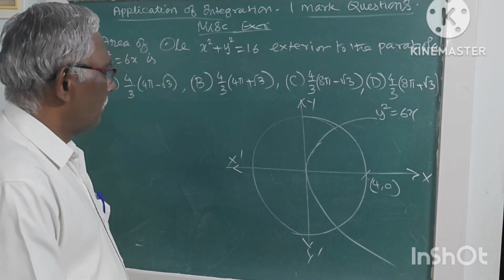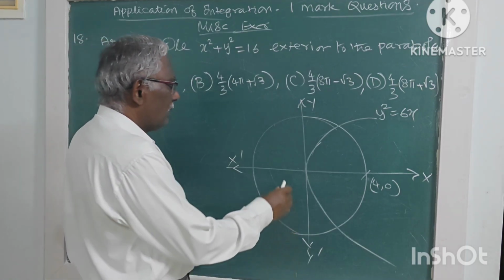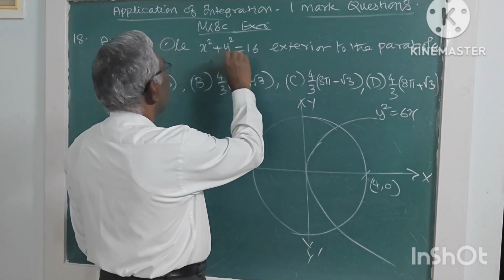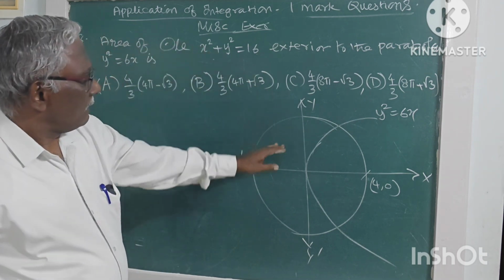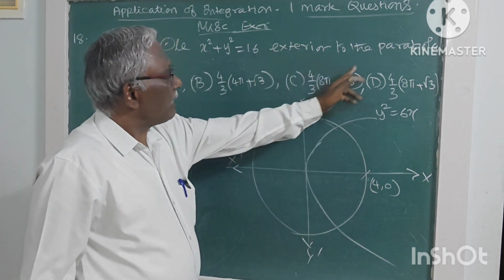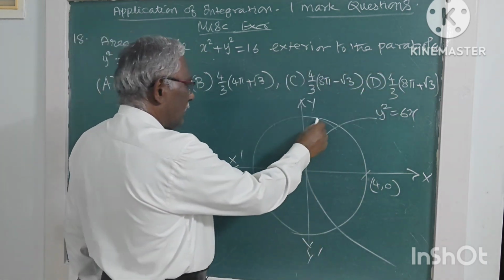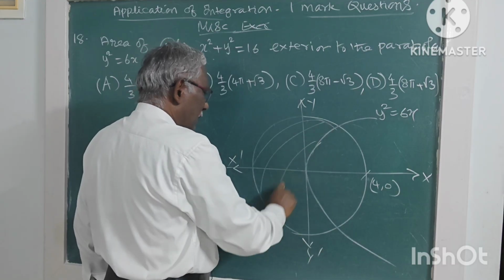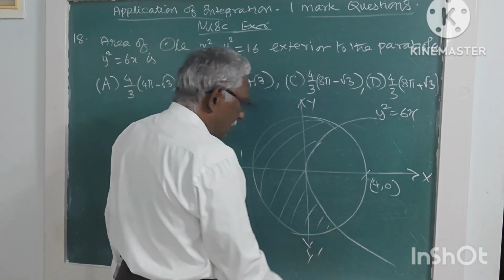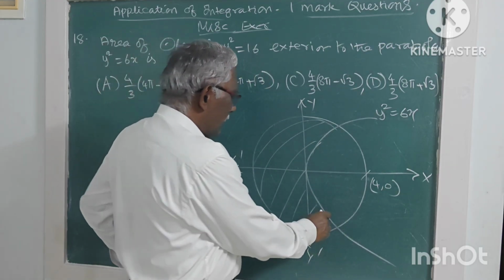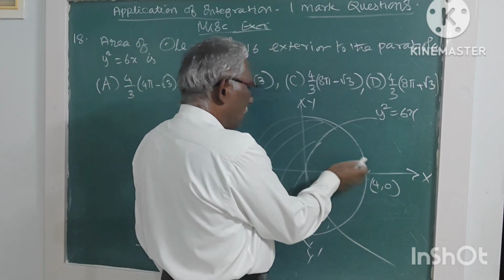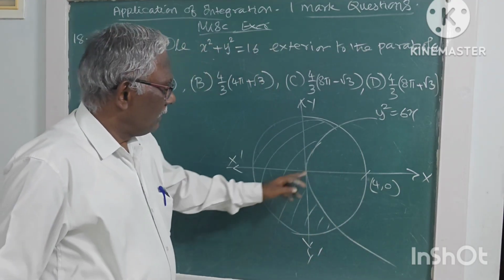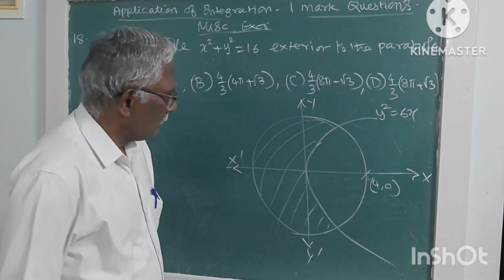Now we have to find the area of the circle exterior to the parabola, that is this area. For that we will find this area and then subtract it from the area of the circle.